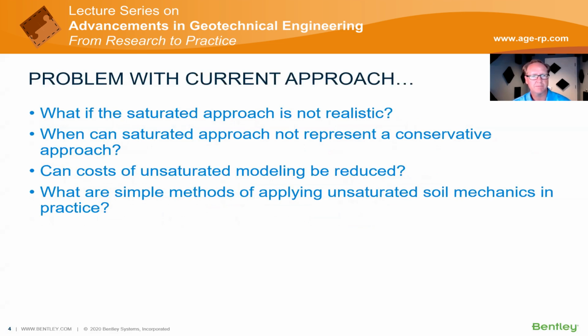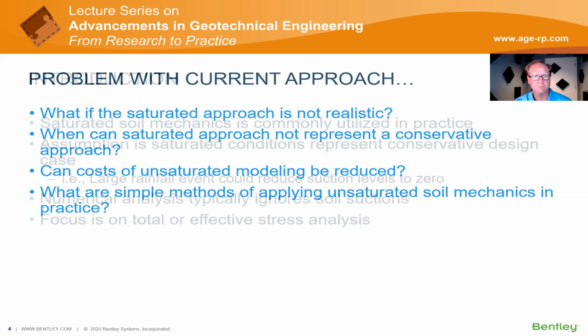But the problem is, in some cases, what if the saturated approach is not realistic? Or when will a saturated approach not represent a conservative approach? Can costs of unsaturated modeling be reduced? And what are simple methods of applying unsaturated soil mechanics in practice, in our numerical modeling specifically?